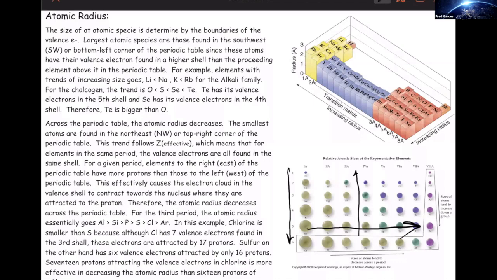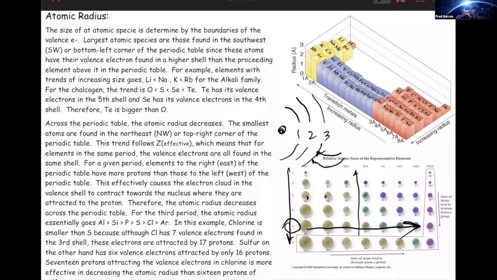So say you have the nucleus and you have the first shell, the second shell, and the third shell. And let's take a look at the third shell. When you go from, say, sodium to manganese, you're putting electrons still on that third shell. So you're not adding new shells for electrons to fit in. So that size should remain constant.